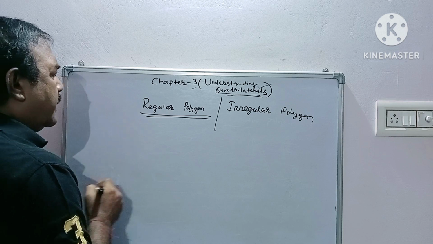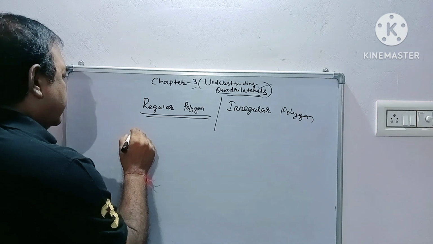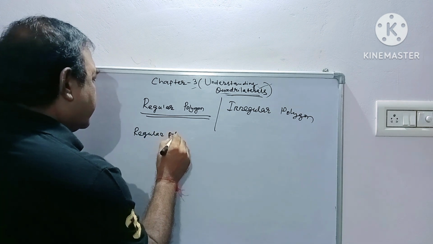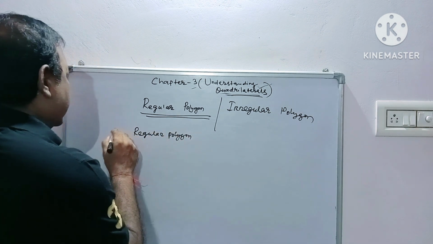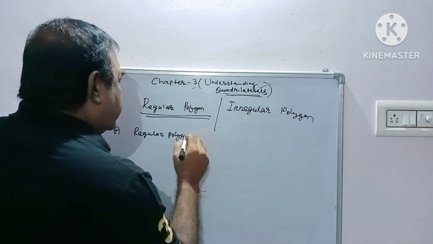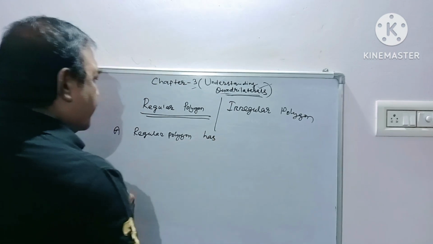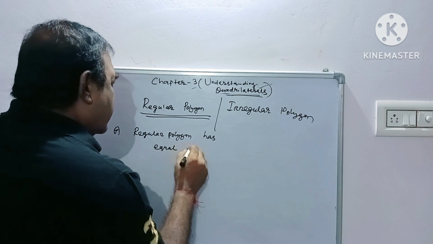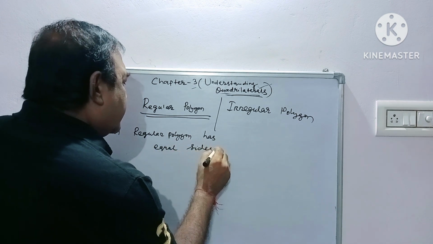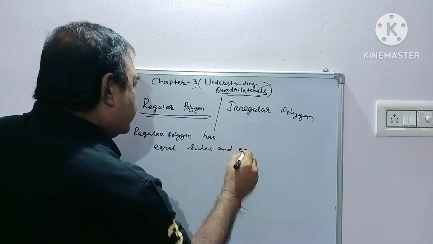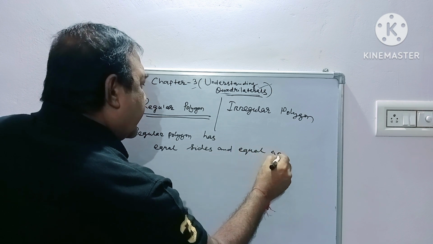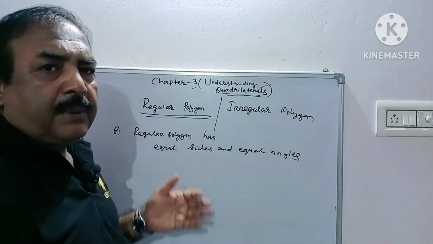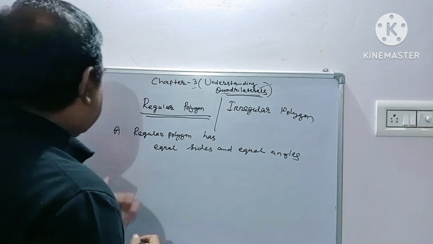So a regular polygon has equal sides and equal angles. That means a regular polygon is both.